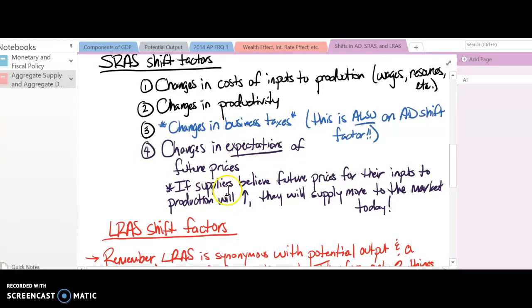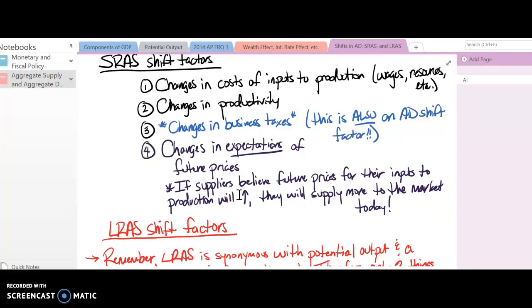If you're a business and, for whatever reason, all businesses, let's say they believe that their inputs to production are going to increase in the future. Oil is a great example of a cost of input to production. Almost every business has to use oil in some way, shape, or form, whether it's transporting their good or in their actual production process.